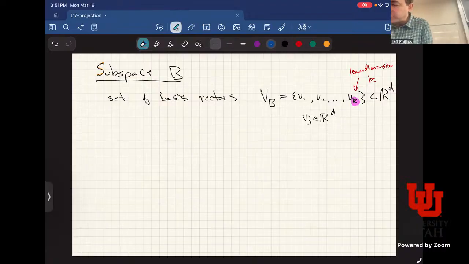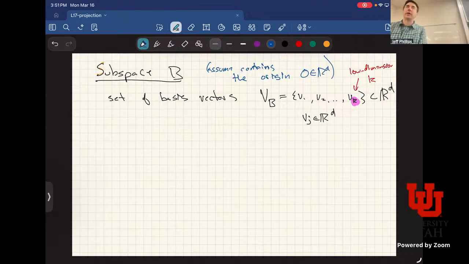And I'm going to assume my subspace contains the origin, right? So the all zeros vector. Okay, so I'm going to define a basis so that I assume the subspace contains the origin. This will make stuff a lot easier, and we will get rid of this next week.